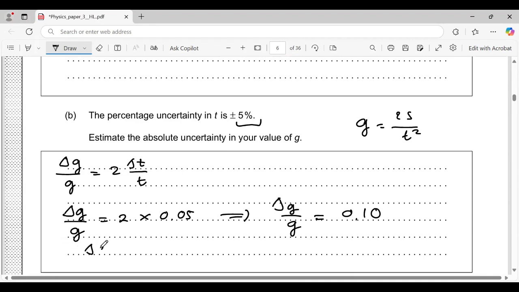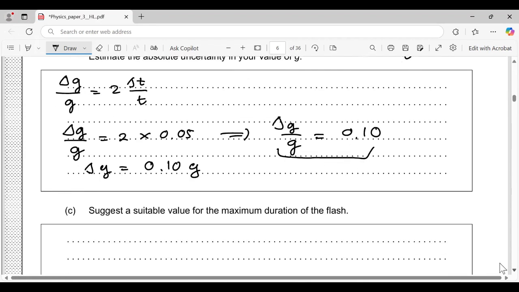Next, from this equation, delta g equals 0.10 times g. So it becomes 0.10 times 960.